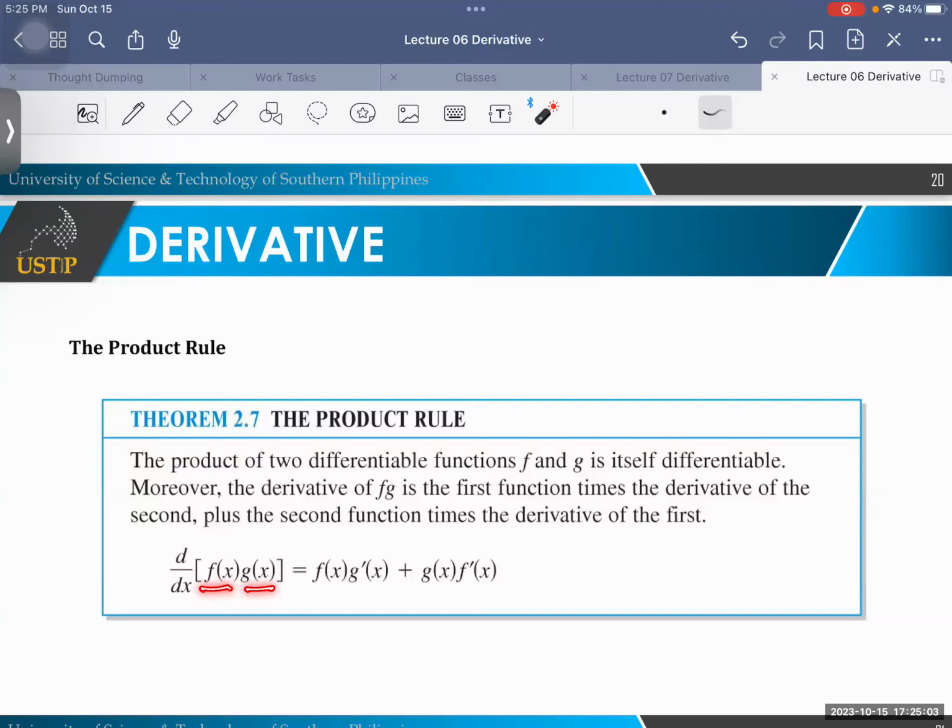If you multiply two different functions and differentiate them, all you have to do is copy the original first function, get the derivative of the second, plus, then switch: copy the original of the other one, and get the derivative of the first. So they can be swapped.